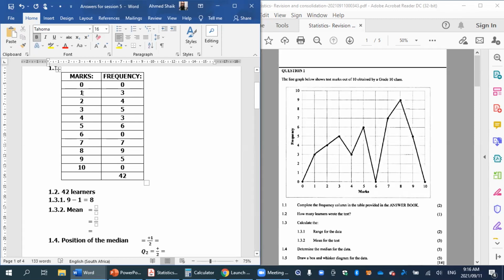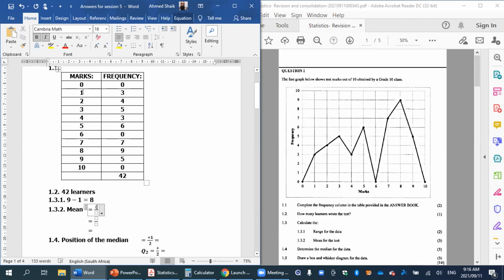And our next value in our data set is mark 2, and we have 4 of them. So in order for us to calculate this without drawing our midpoint in our frequency column, we can do it in one calculation. What we're going to do is work out the sum in our mean formula.